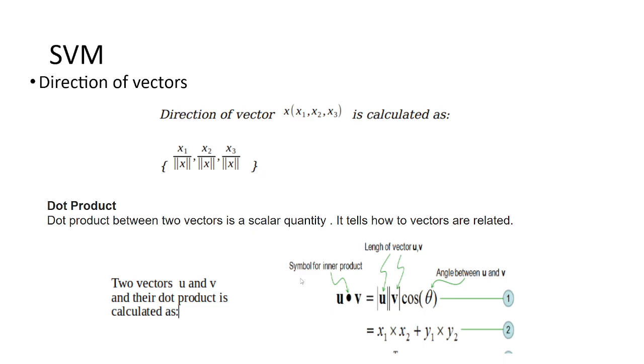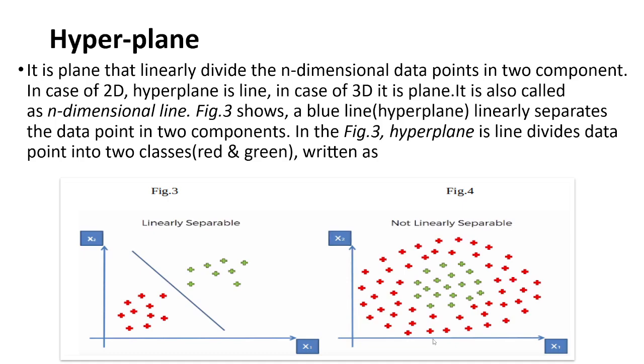Suppose u and v are two vectors; the dot product is calculated with the symbol for the inner product, a dot, and theta is the angle between u and v, along with the lengths of the vectors u and v. It can be represented with this formula, calculated with the x and y axes as x1 into x2 plus y1 into y2.